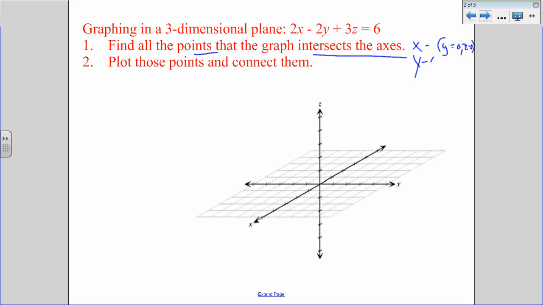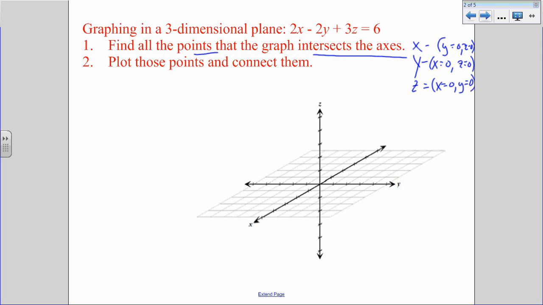For the y-intercept, x will equal 0 and z will equal 0. And for the z-intercept, is it on your notes, guys? It should be example 3 on the notes. And then the z-intercept is x equal to 0 and y equal to 0.